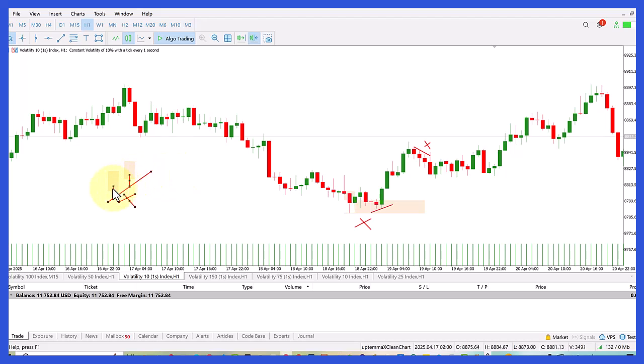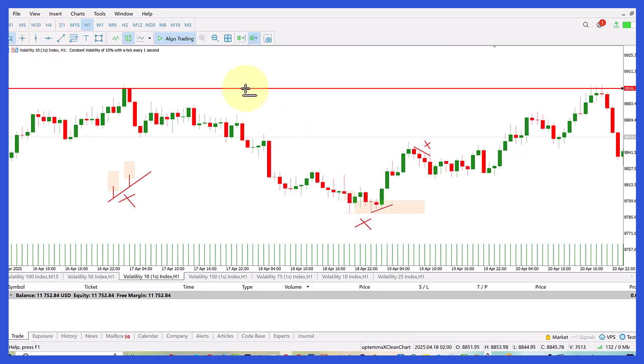There are relatively equal lows or relatively equal highs, which when you draw it involves drawing a horizontal line, compared to drawing a diagonal line. Are you understanding? So there is a diagonal line we draw for diagonal liquidity. Then when you're talking about relatively equal lows, the lows are almost equal in form of horizontal.